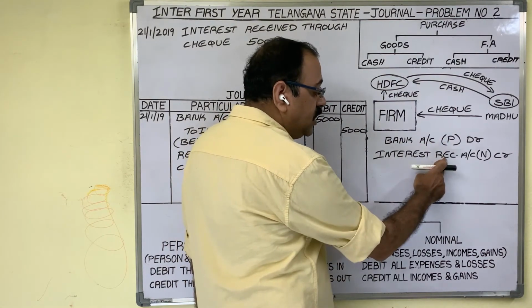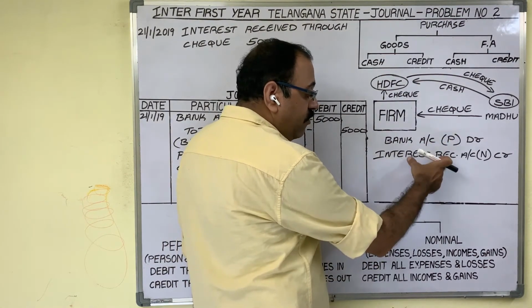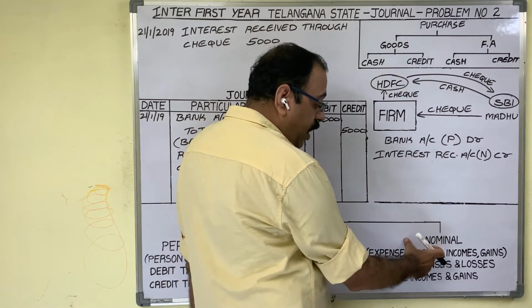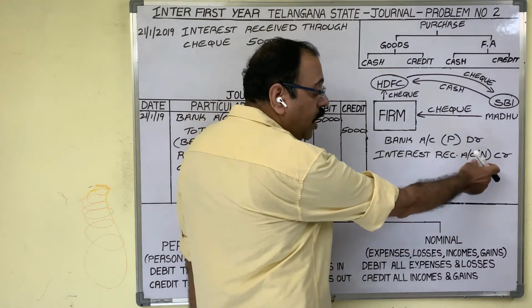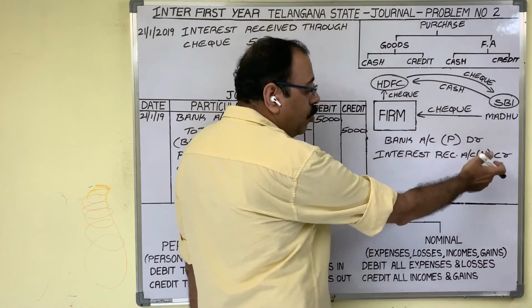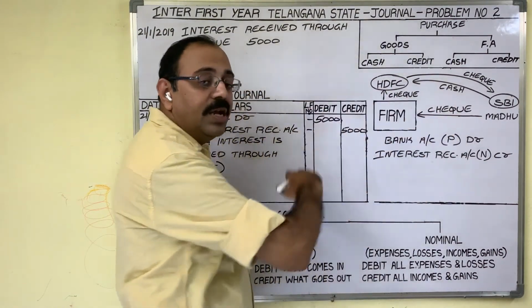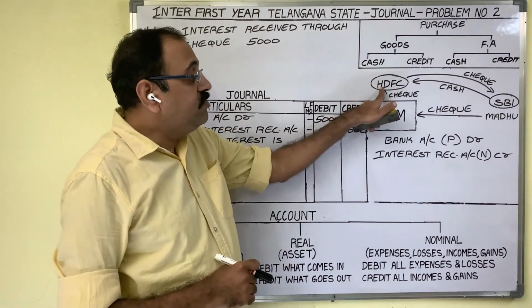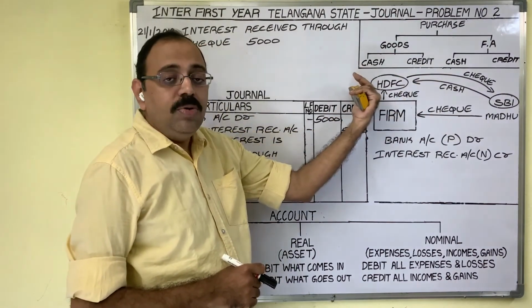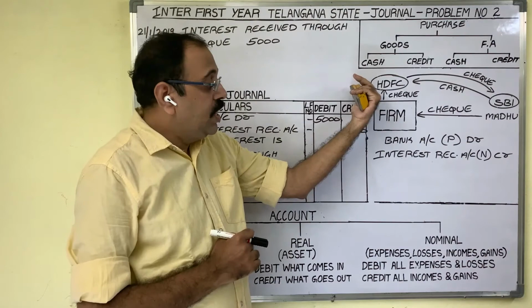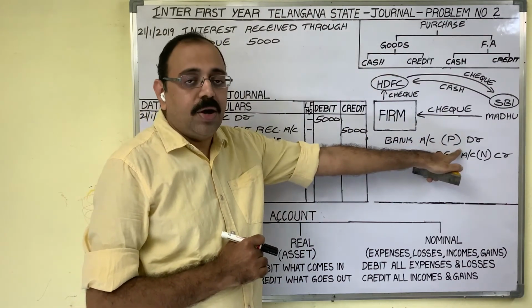Then interest received, this is income, no? With the income name, when we open any account, it is a nominal account. Then grouping: personal account rule, debit the receiver, credit the giver. HDFC Bank is receiving money, no? It is a receiver. Therefore, debit bank account.